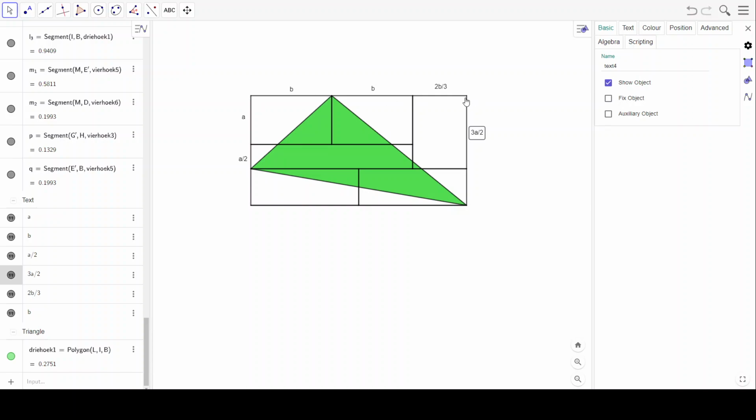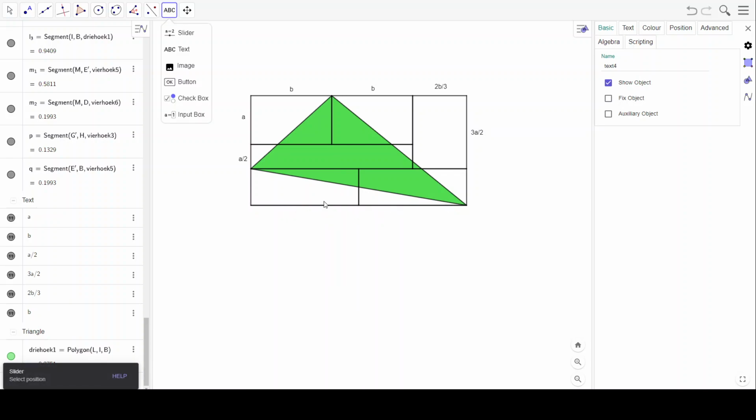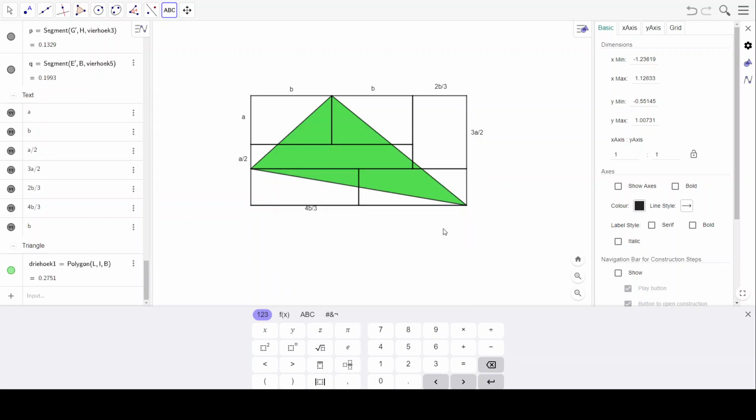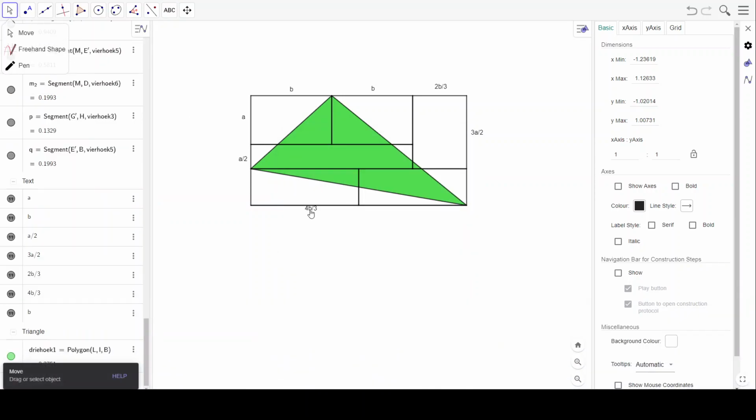Now we know that the total width of the large rectangle is the addition of those 3, so that is 8B over 3. And it is divided again because those two lower rectangles have the same area and the same height, so they must have the same width. So they divide the total width in 2, and we can say that their width must be 4B over 3.